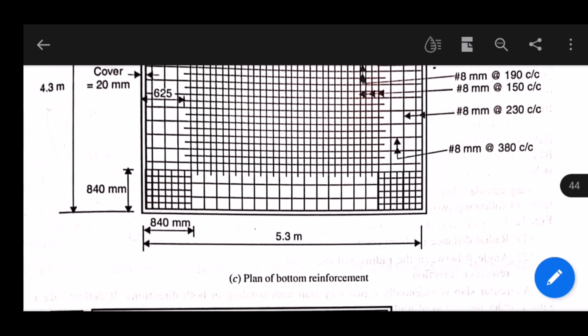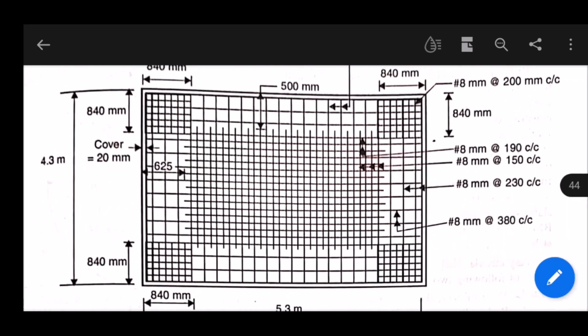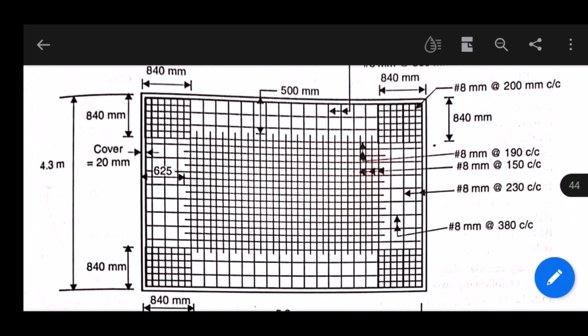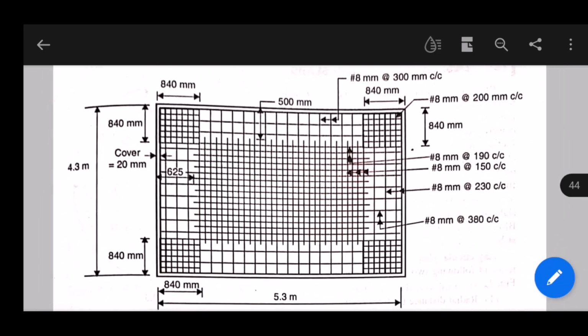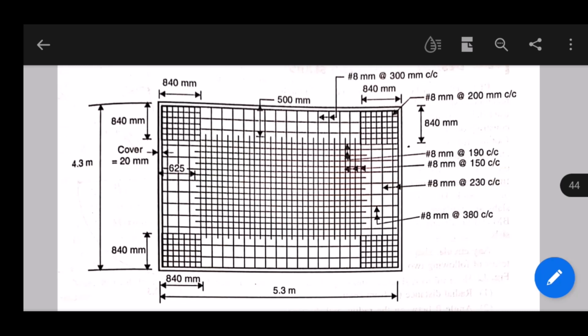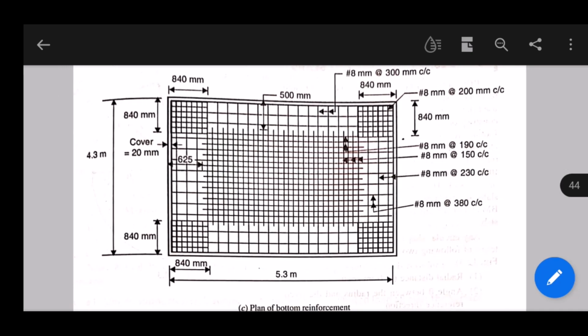The next part is the plan of bottom reinforcement. Okay, so here everything is given: middle strip, edge strip and corner reinforcement.